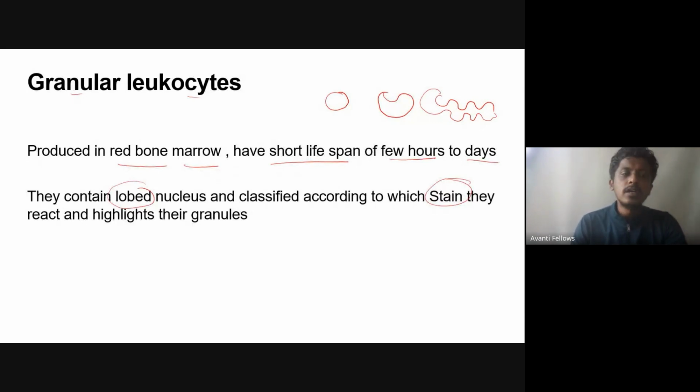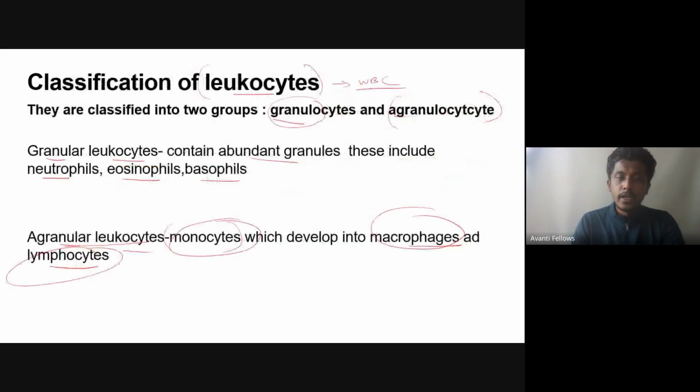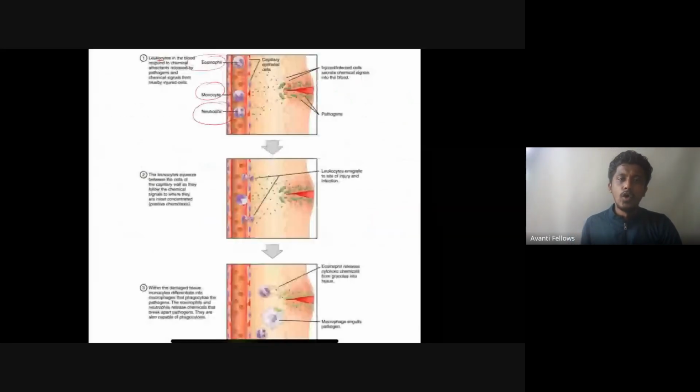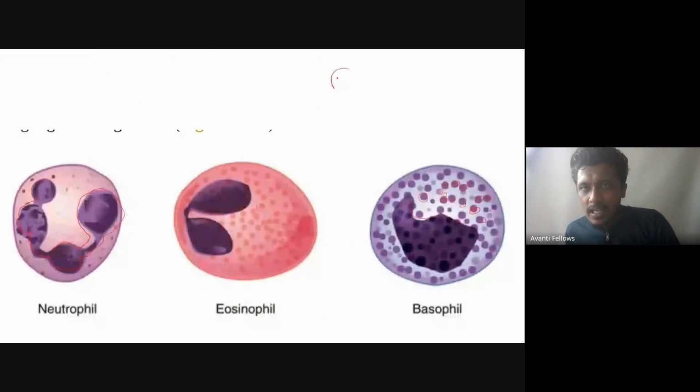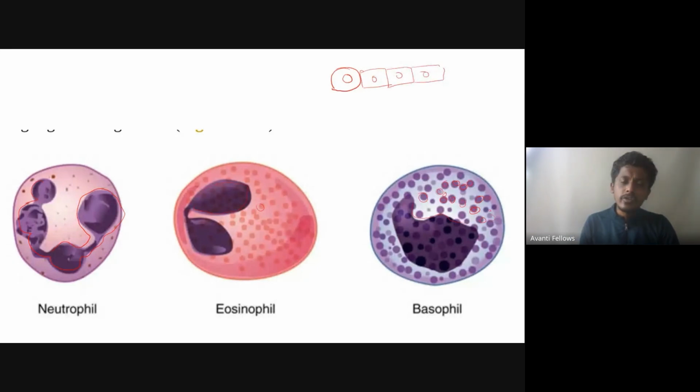If I look at these cells under the microscope, their nucleus is lobed. If I ask you to draw the structure of a cell, you just draw a circle and put a nice sphere representing the nucleus. But if I look at the nucleus of these cells, it is actually in the form of lobes.